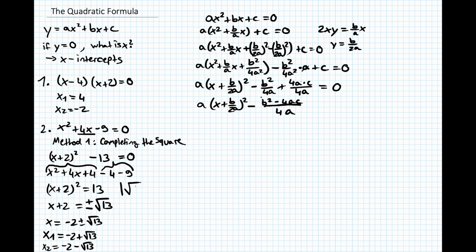So if we multiply the minus with this whole expression on the top, we'll be left with negative b squared plus 4ac, which is what we have here. And that's still equal to 0. Okay, so in the next step, we will just take this over to the other side and have a times x plus b over 2a squared is equal to b squared minus 4ac divided by 4a.